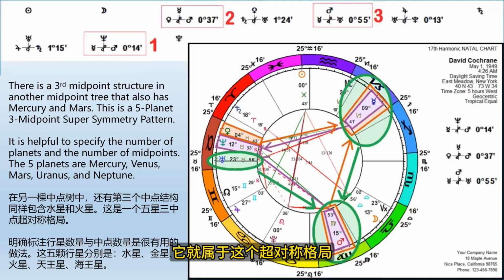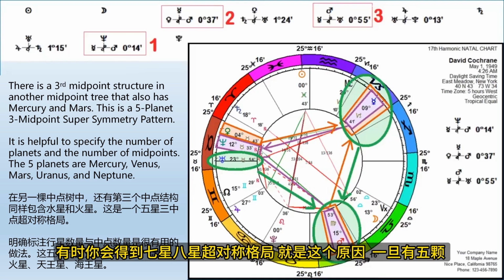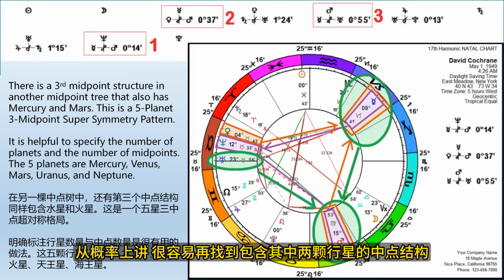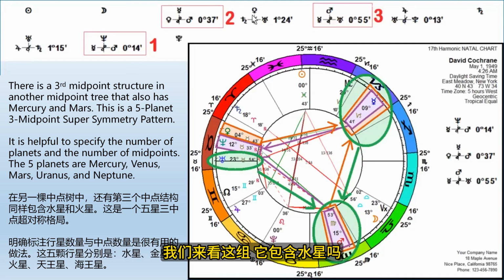So what happens sometimes is you can get 7 or 8 planets in a supersymmetry pattern. Because now that I've got 5, it's not that difficult, probability-wise, for there to be another midpoint structure that has 2 of those 5 planets. So does this one have Mercury?